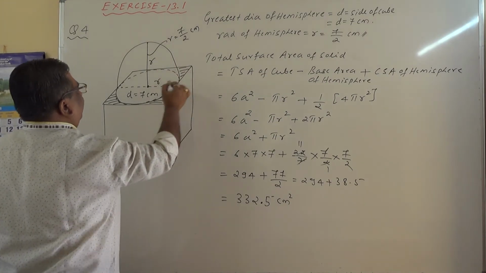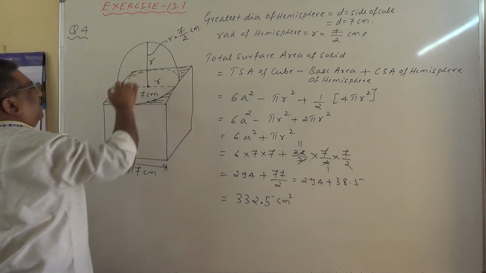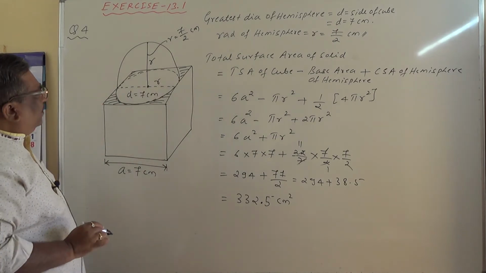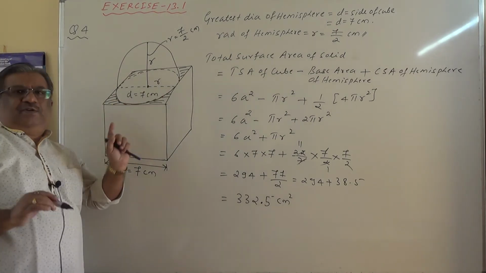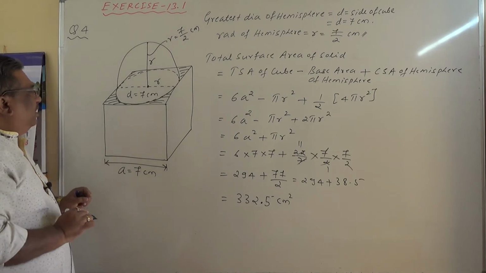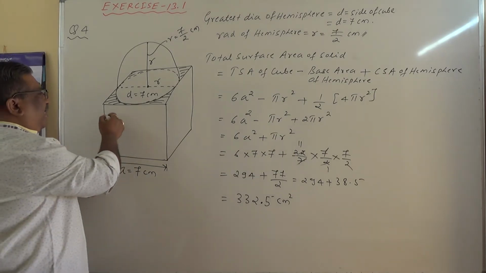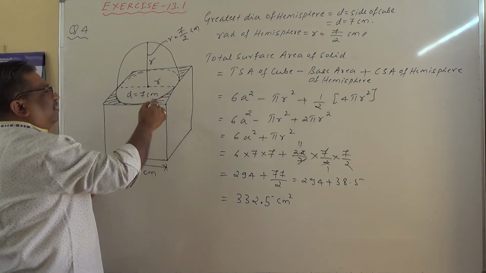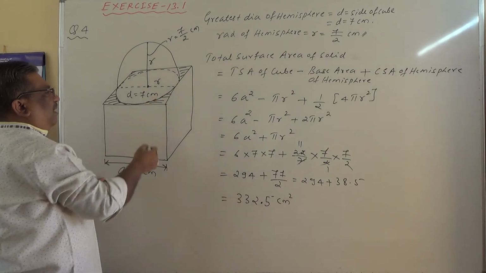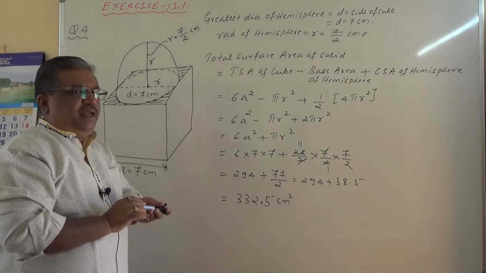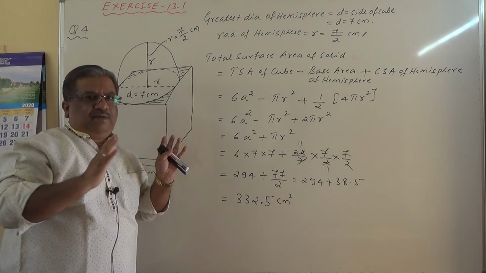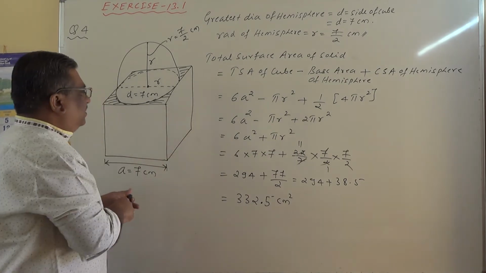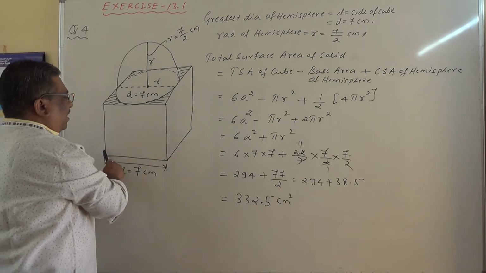Do you understand? This region is to be included. Only the circular base is to be excluded. In that case, the question is the total surface area of this solid, meaning the area where you will be able to paint this particular solid.